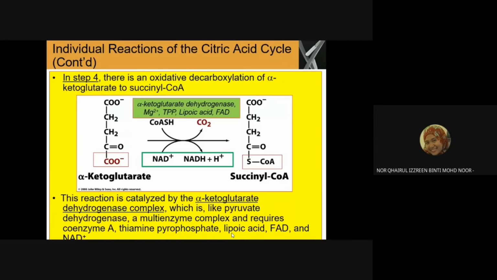It reacts similarly to the pyruvate dehydrogenase complex, so basically this reaction is quite similar to the pyruvate dehydrogenase reaction. We learned about it in part 1, so I won't explain further about this reaction.